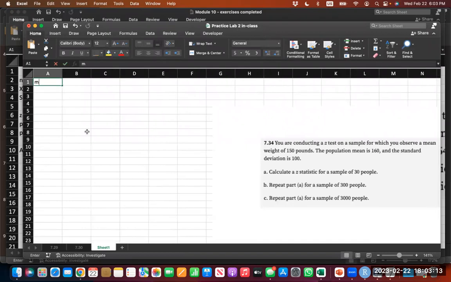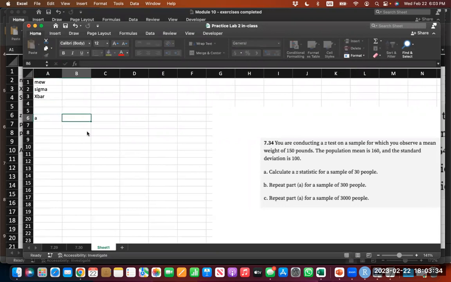So again, let's start off with defining mu, sigma, x bar, and n. So we have a sample of 30 people, as per example A. Oh no, so sample size, let's do this a little differently.